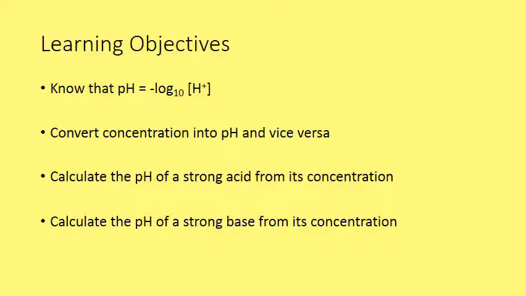Then we're going to convert concentrations into pH and pH into concentrations. That's concentrations of either acids or bases. And then we're going to be able to calculate the pH of a strong acid from its concentration, and likewise the same for a strong base. The base being slightly more complicated in that we also need to use the ionic product of water. So let's get on with it.